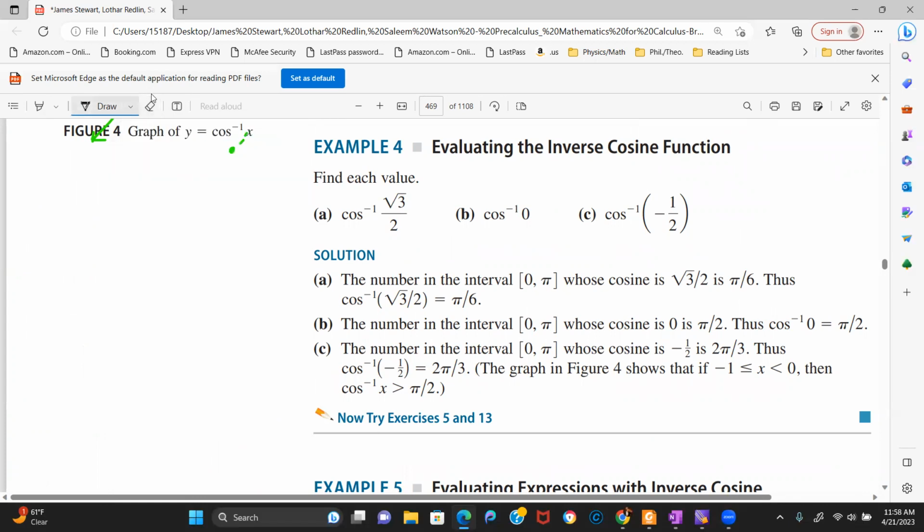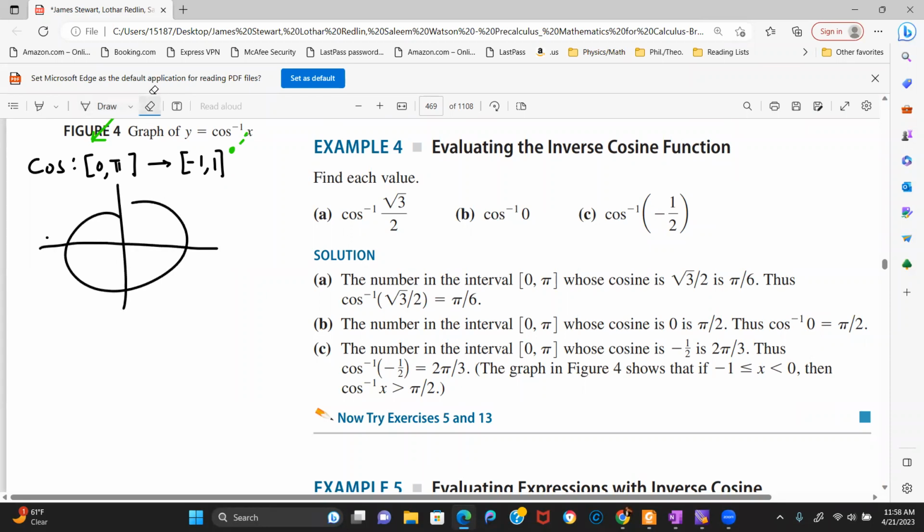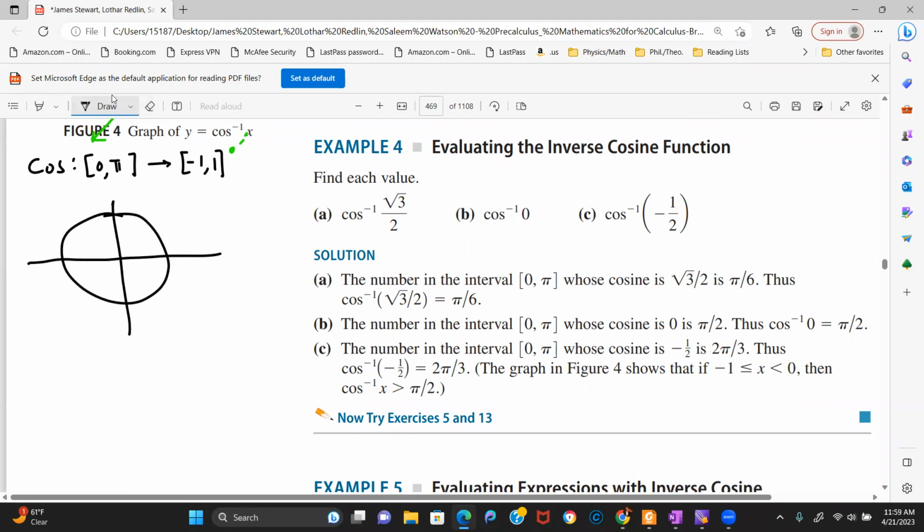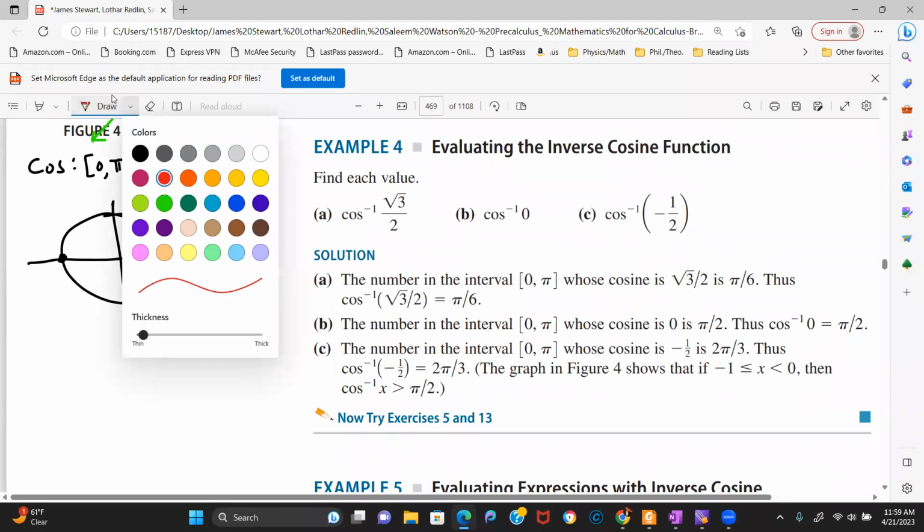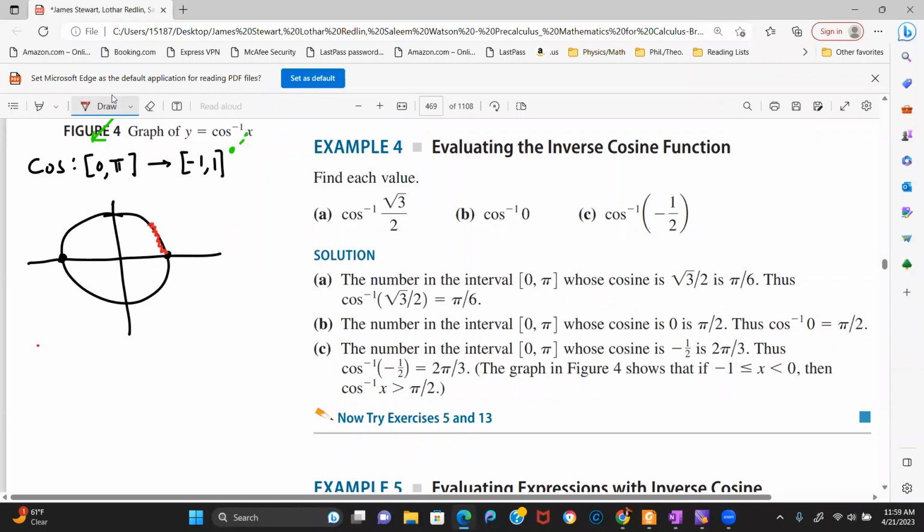So now we're thinking about cosine as a function from 0 to pi to -1, 1. And what does that mean in terms of the unit circle? That's terrible. That's the best I can do. So 0 to pi corresponds to this point and this point, and the t values that were allowed correspond to points on this red arc.